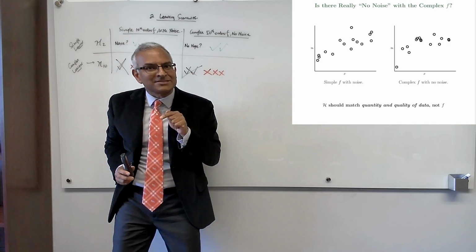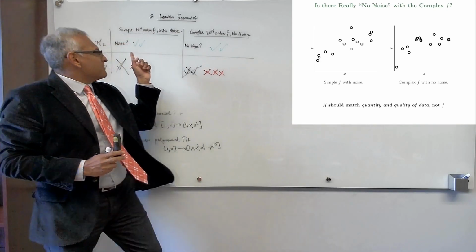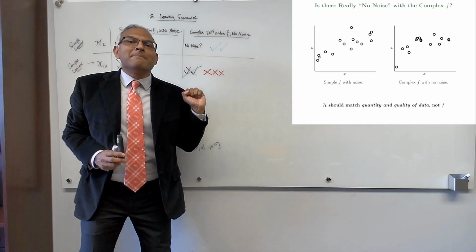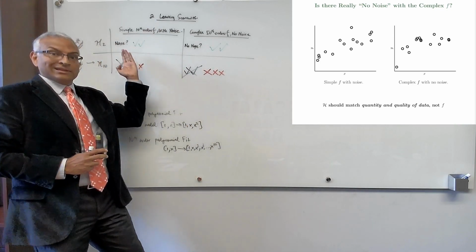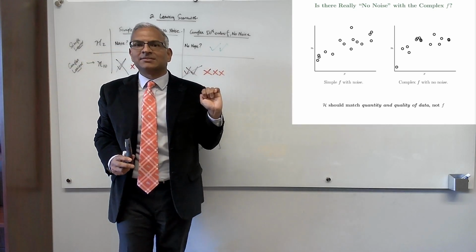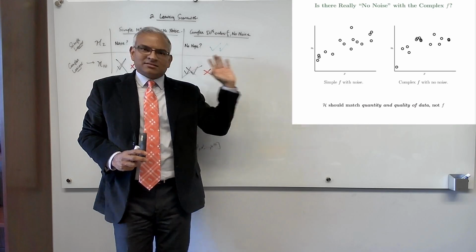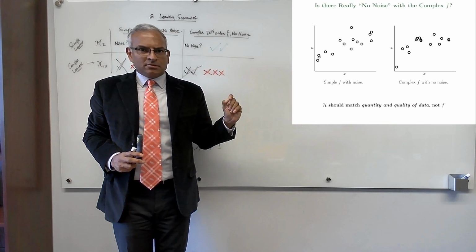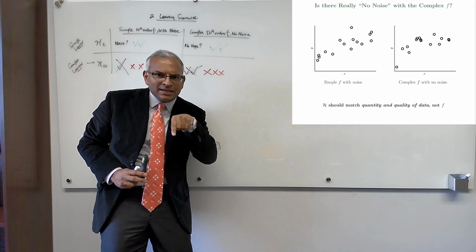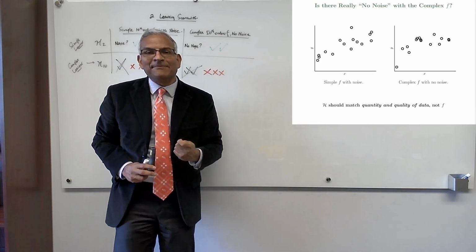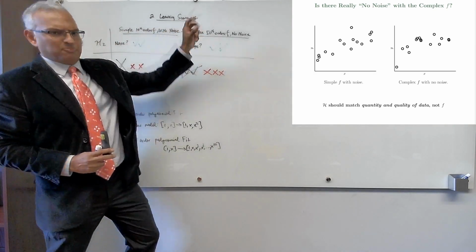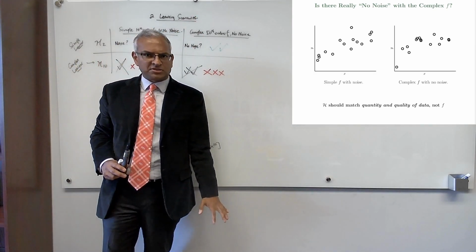And what matters is not that you match your hypothesis set to the target function. What matters is that you match your hypothesis set to the data. It's the data that matters. That's important. It's not the target function that you should be worried about. It's the data, the quantity and the quality of the data. That's what should determine what you do. Not this sort of peripheral information about the target function.